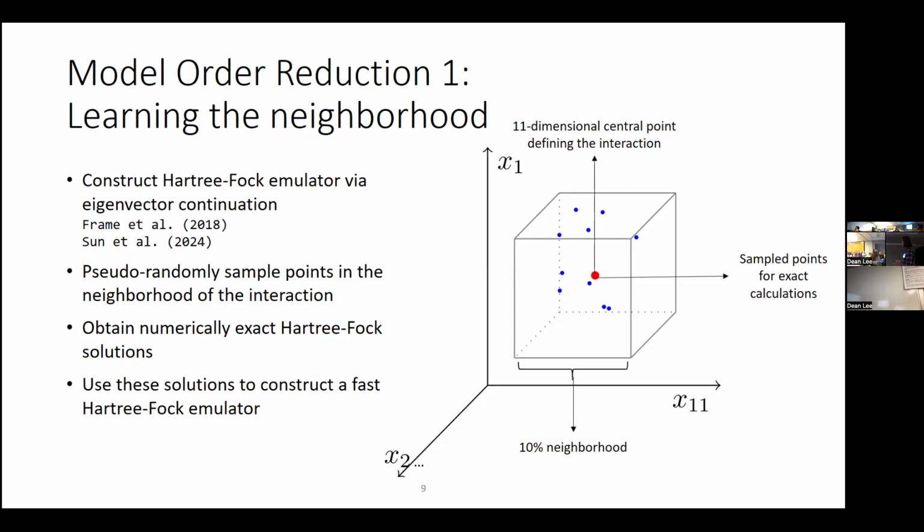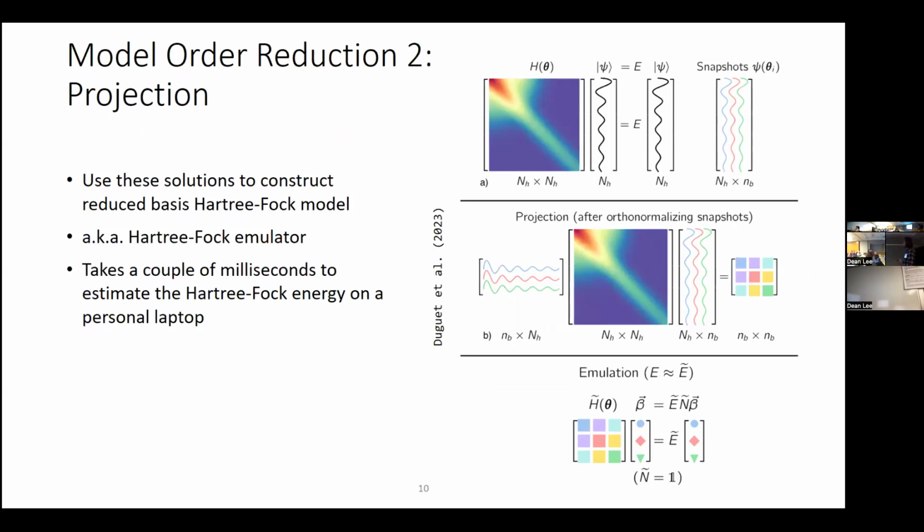We take a 10% neighborhood in the vicinity of the central point, take a small number of pseudo-randomly sampled points, and solve the Hartree-Fock equations numerically exactly there. These are the snapshots that we've heard about today. Once we have exact solutions at these points, after carrying out expensive calculations, we can project out a smaller subspace.